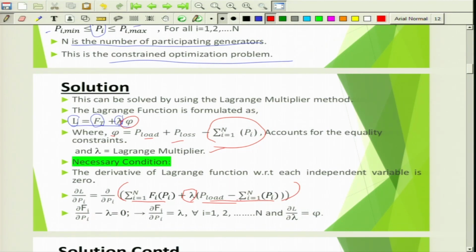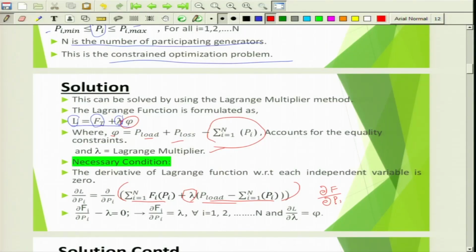Let us say I am doing it for the first generator. What do you get? The partial derivative is only with respect to P1, because for the rest of the generators the partial derivative will come out to be 0, as the other functions would be constant.